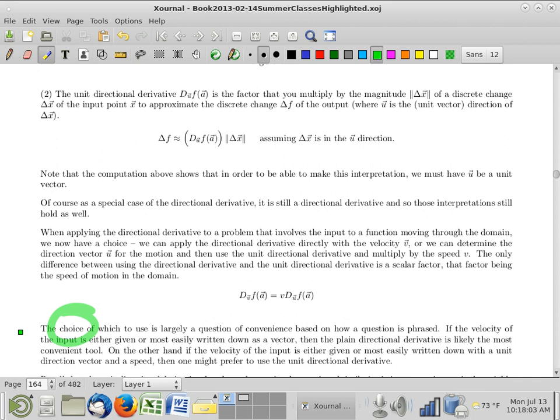One is you have to be clear in your mind which one you are actually trying to compute. Sometimes you want one, sometimes you want the other, and we'll see some examples. Also, keep in mind, very often the choice breaks down to which one is more convenient to compute. Sometimes one is conspicuously more convenient than the other, and I'll show you a couple of examples. We'll get to that in a few minutes.